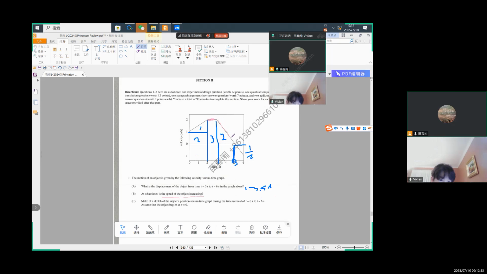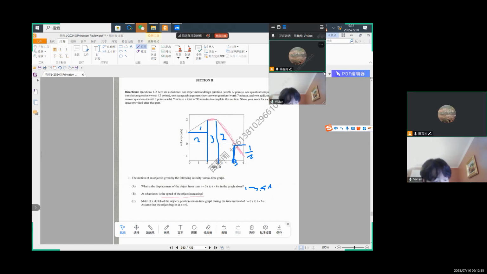What about this part? That's decreasing. But when you decrease until here, what will happen here? You move backwards. But what about the speed? Oh, speed is increasing. Yeah, that part is also increasing, right?